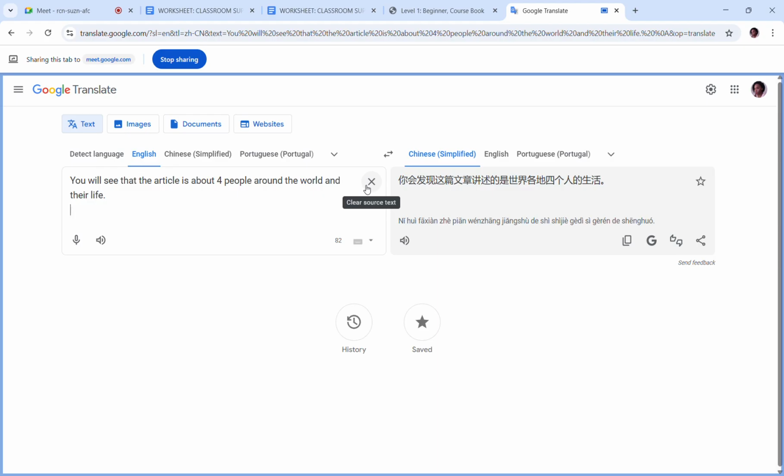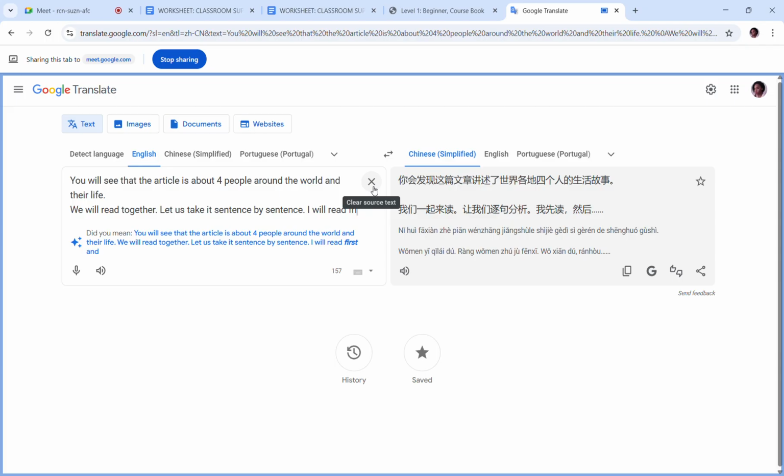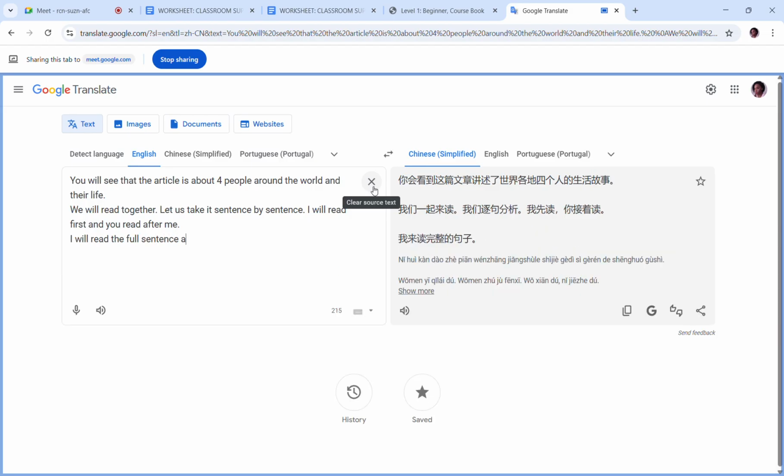So we will read together. Let us take it sentence by sentence. I will read first, and you read after me. I will read the full sentence, and you will repeat the full sentence. Make sense?